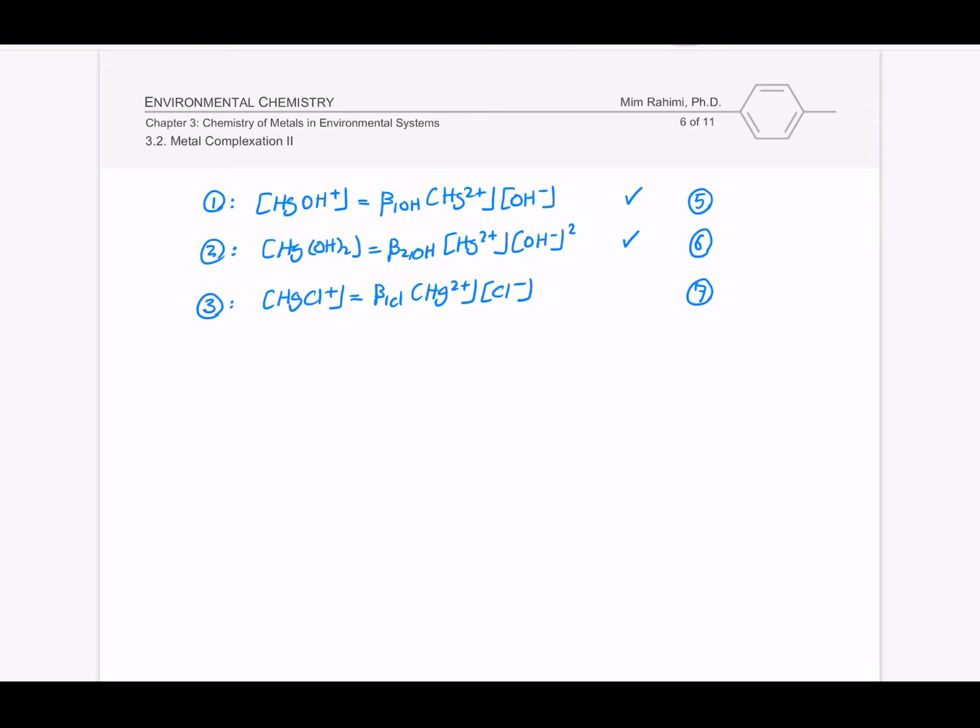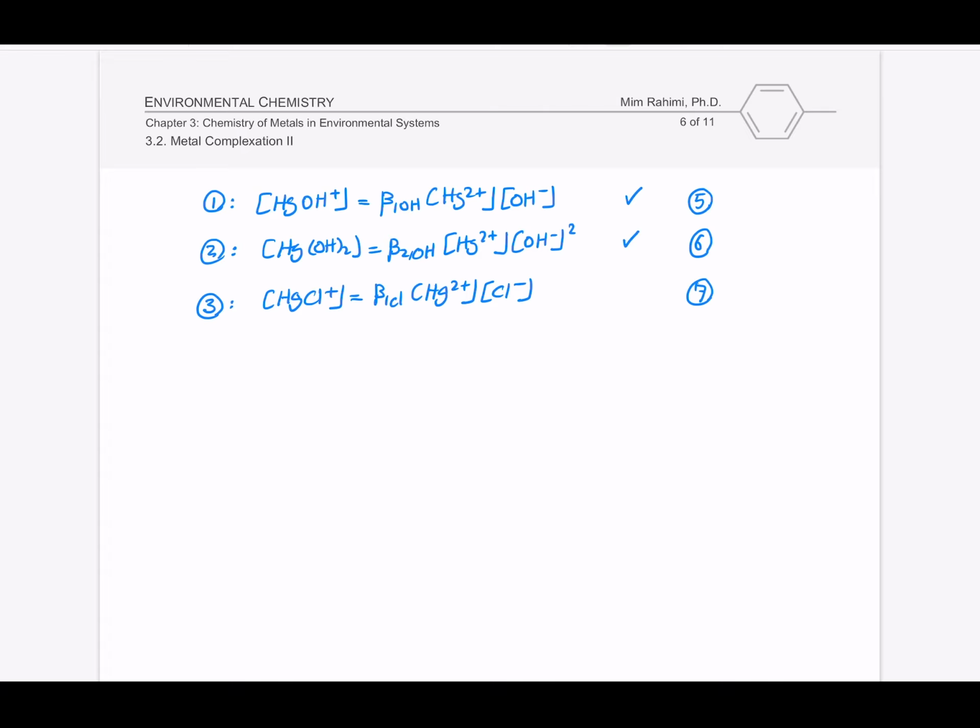At each pH, we really don't know what's the Cl minus concentration. So this term obviously is pH dependent because it's connected to the whole matrix of species. But we really don't know what is the value here. So we need later an expression for Cl minus as a function of pH if we want to rely on this expression for HgCl plus. So for now, let's say this is not the most useful expression.